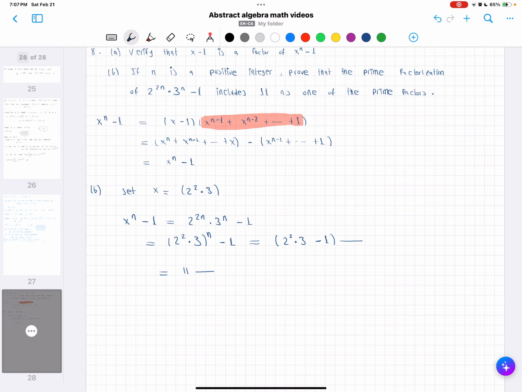Yeah, so let's see. Just for completeness' sake, I'll go through the following problem.